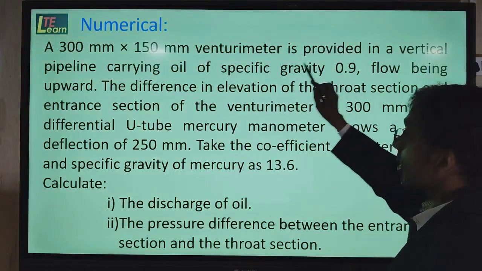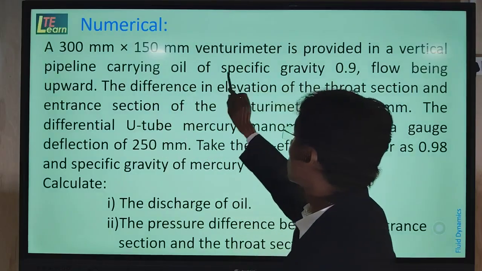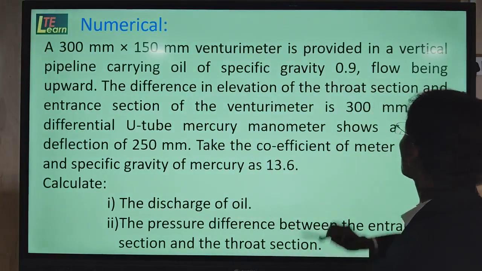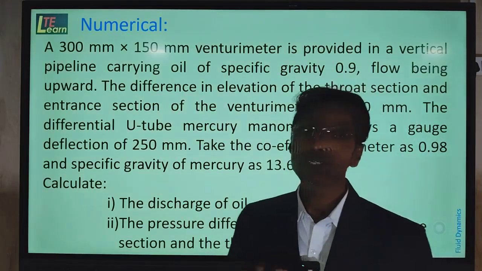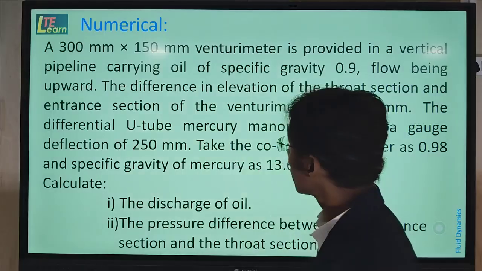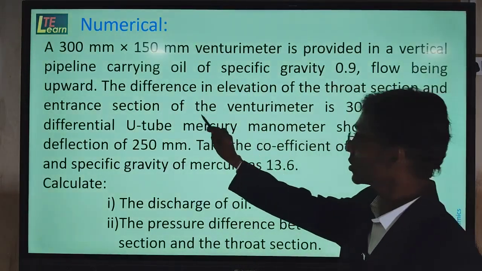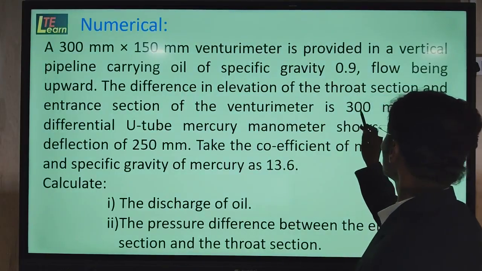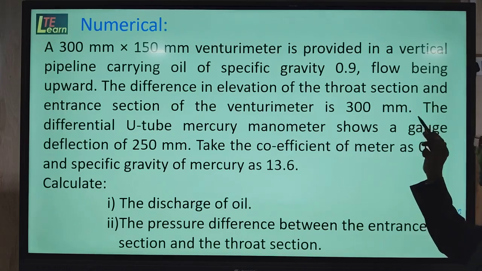This is in a vertical arrangement. It carries oil of specific gravity 0.9 and the flow is upward. So the direction of flow is given as upward. The difference in elevation of the throat section and entrance section of the Venturimeter is 300 mm. This we will see in detail in a diagram.